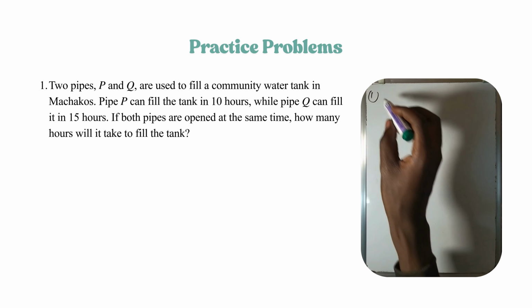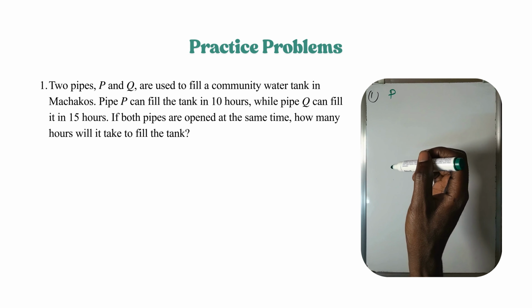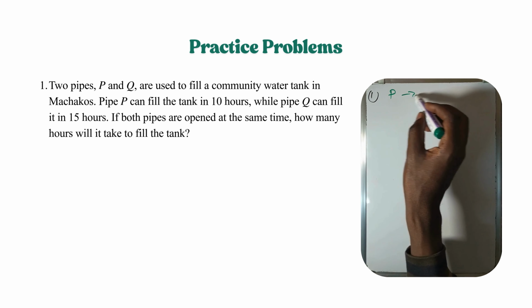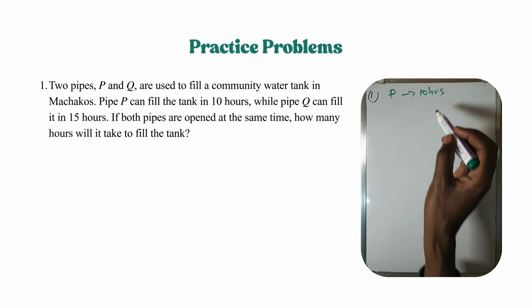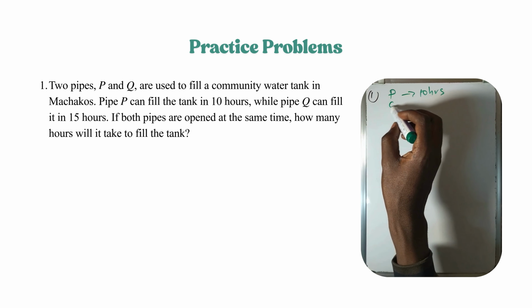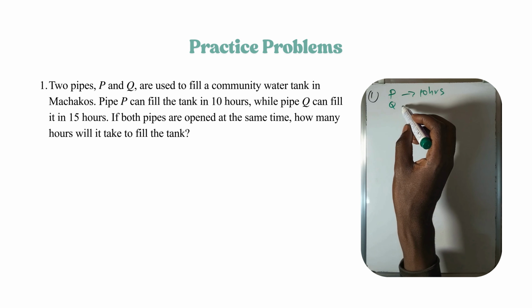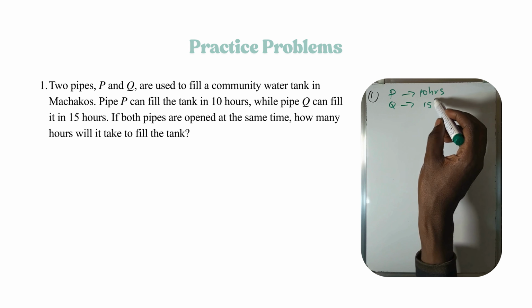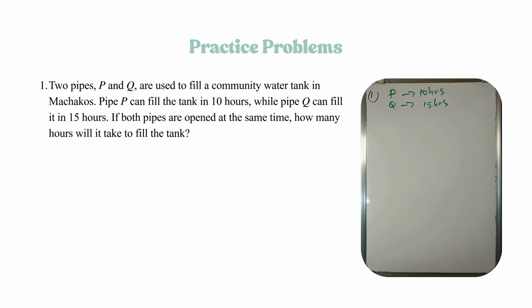Pipe P can fill the tank in 10 hours, and pipe Q fills the same tank in 15 hours. So how are we going to handle this? We are going to find the volume of water that will be filled in 1 hour.